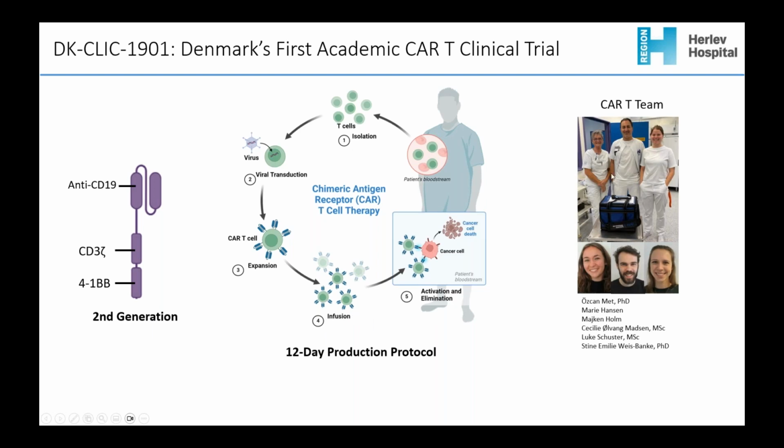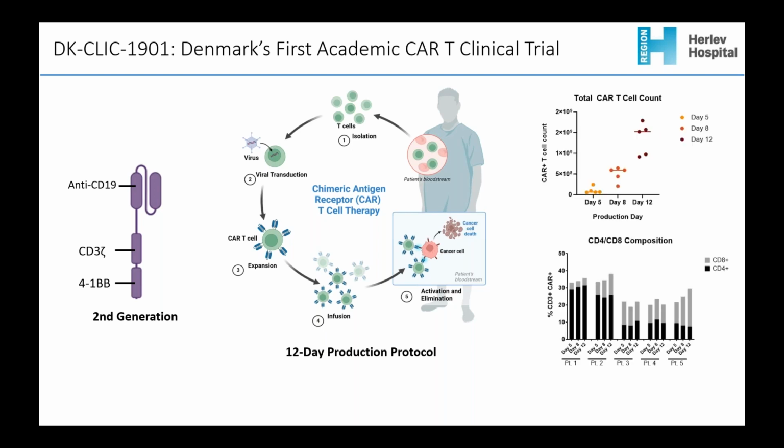So this is our production team. Everyone here is essential to both initiating the trial and also its continuation throughout every single patient that we treat. So this is an overview of the first 5 patients. We do in-process monitoring on day 5, day 8, and day 12.